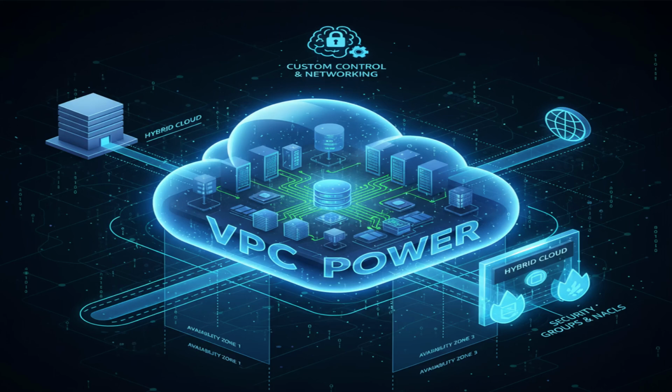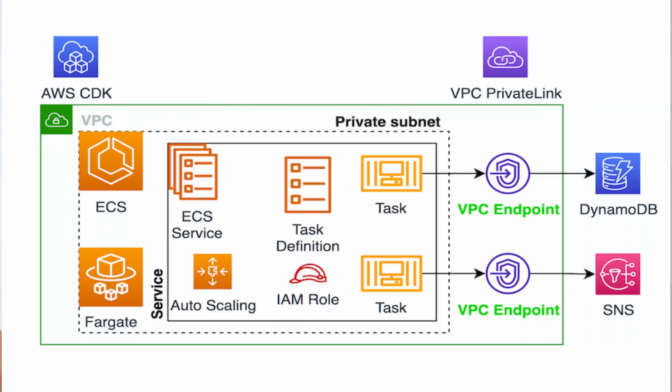So what is VPC? VPC is a logically isolated network in AWS. That's it. It's a way of isolating your own network to you within your own account in the cloud. It gives you full control over your IP ranges, your subnets, your routing, and your firewalls. These are some of the big things you do with AWS. VPC enables secure communication between AWS resources.